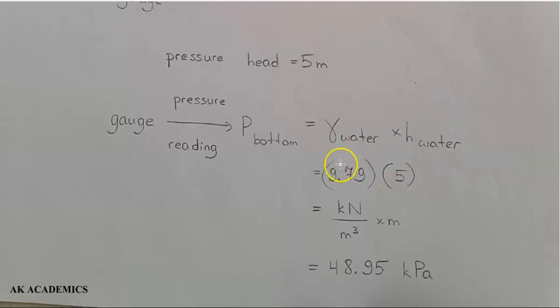And when you are given the specific weight of water in kilonewtons per cubic meter, you will be given the height in meters. So in any case, you should not combine cubic meters and pounds, and do not combine cubic feet and meters, especially in this subject.